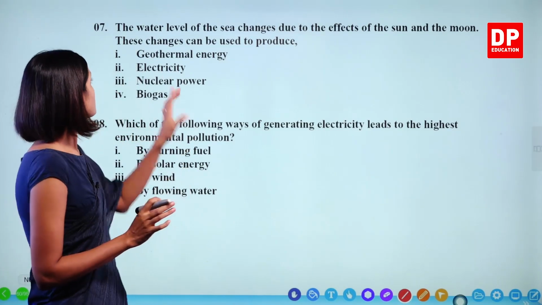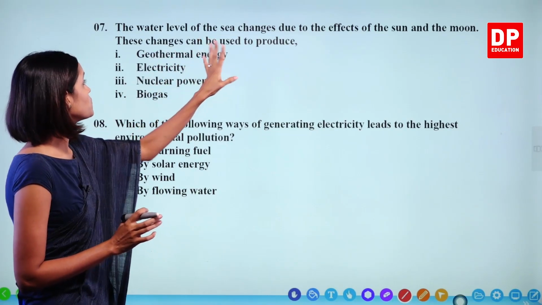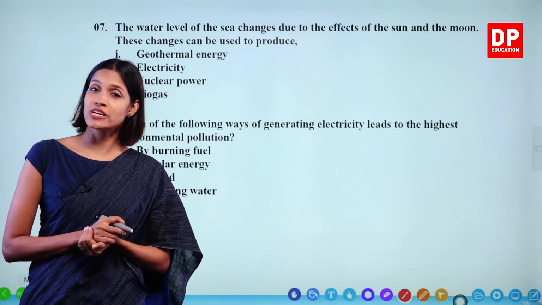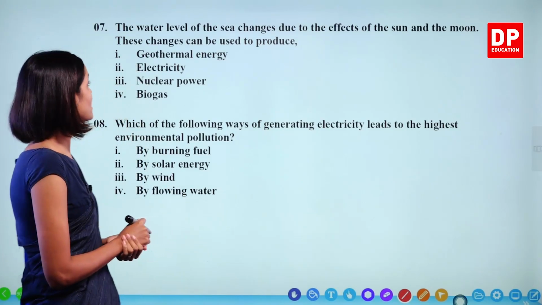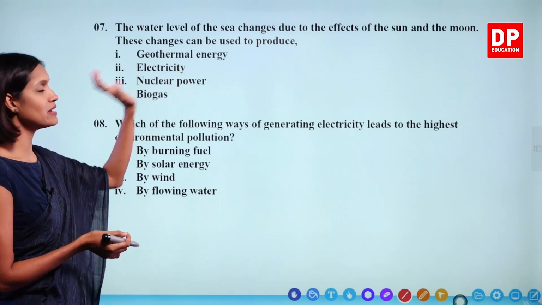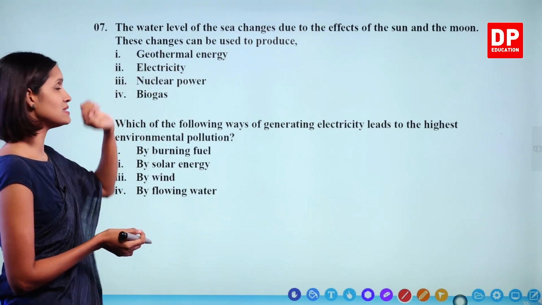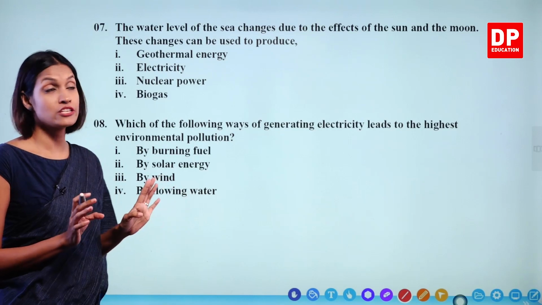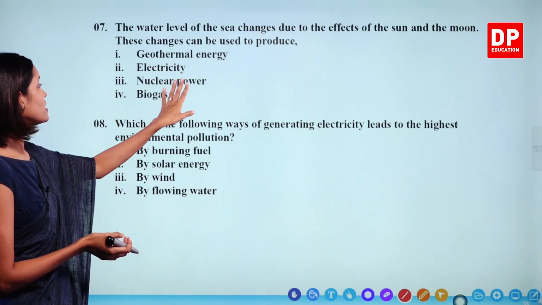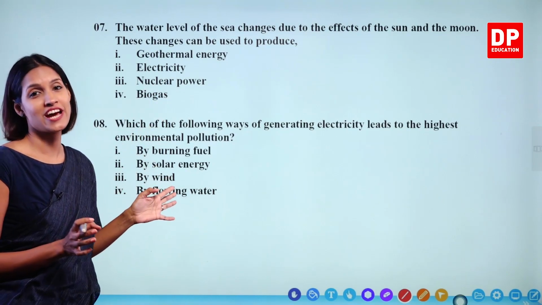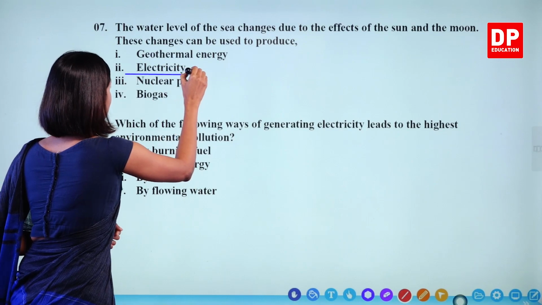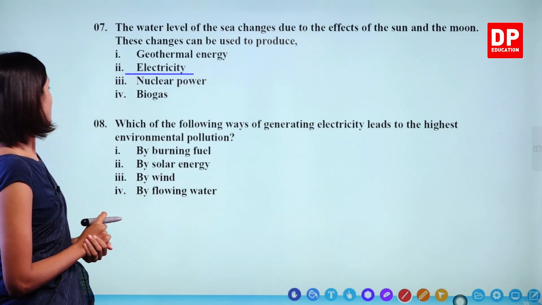Okay, children? So we learned that tidal waves can be used to generate electricity, right? So these changes can be used to produce geothermal energy? No, geothermal energy is another type of energy source. Electricity, that answer is correct. Nuclear power and biogas, they are not the answers. Answer is electricity.